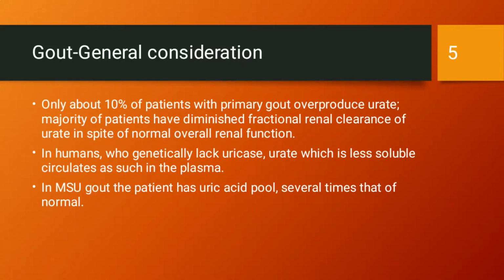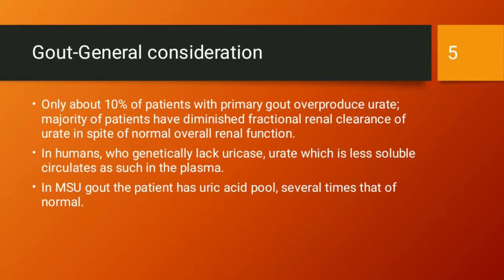Okay, so the majority of patients have diminished fractional renal clearance of urate in spite of normal overall renal function. So most patients who have primary gout show decreased excretion of uric acid. There is no problem with the production of uric acid, it is almost normal, but there is a problem with its excretion.